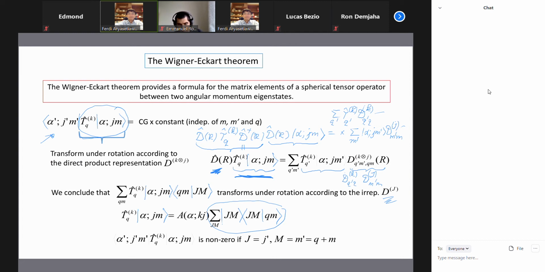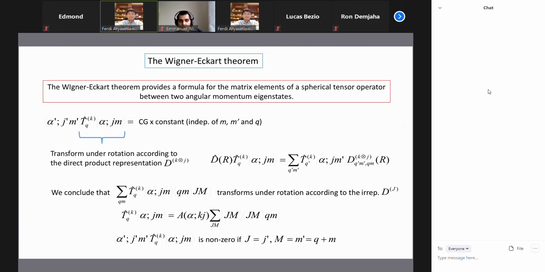So we see that this thing here must be proportional to the state J. Let's do this in a more proper way.